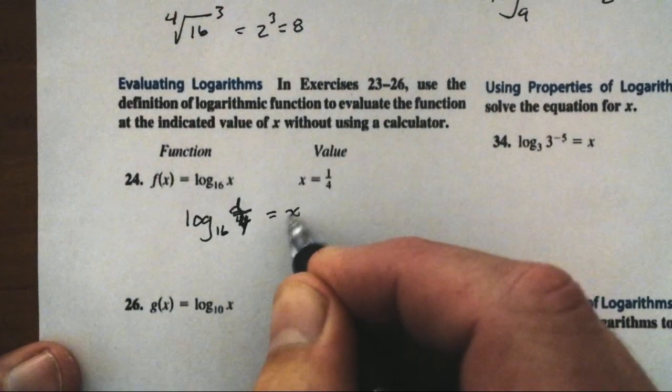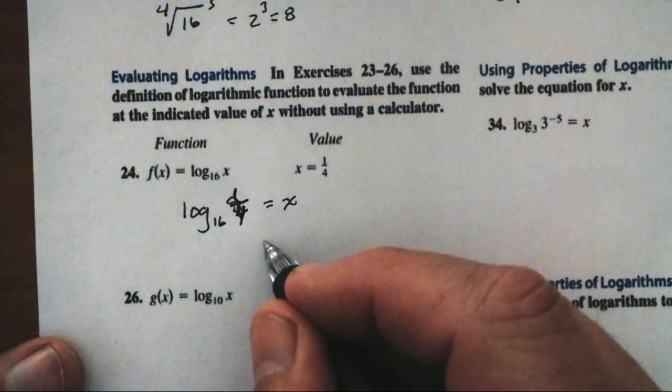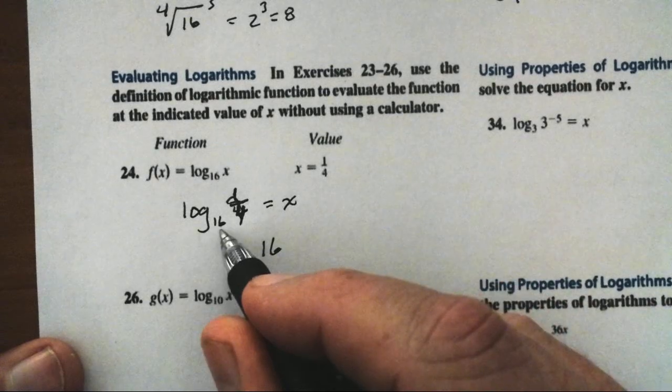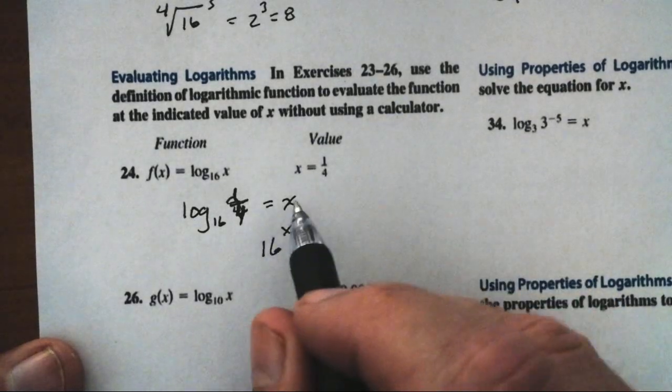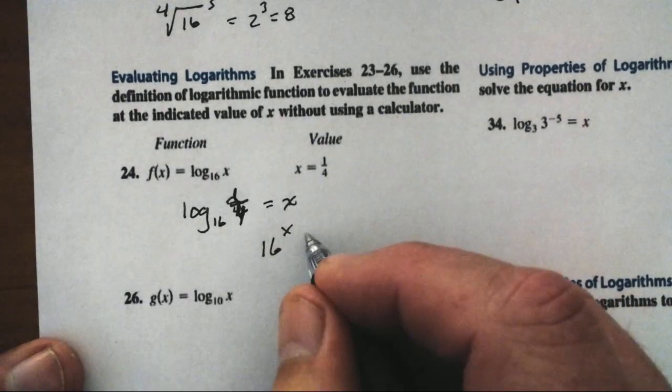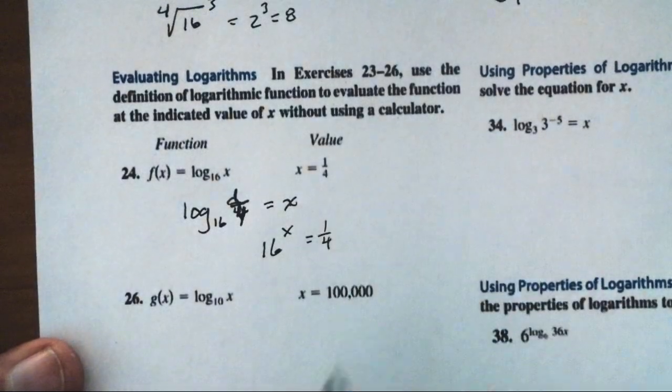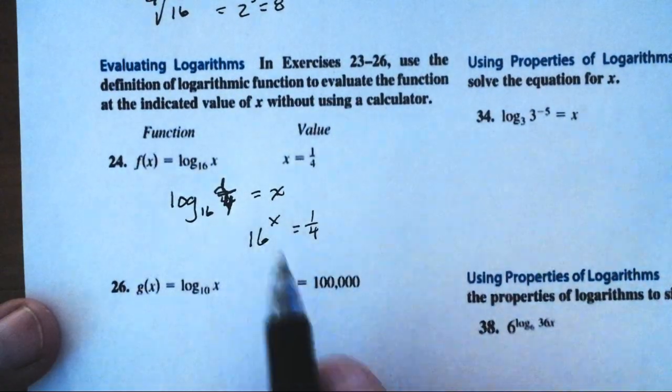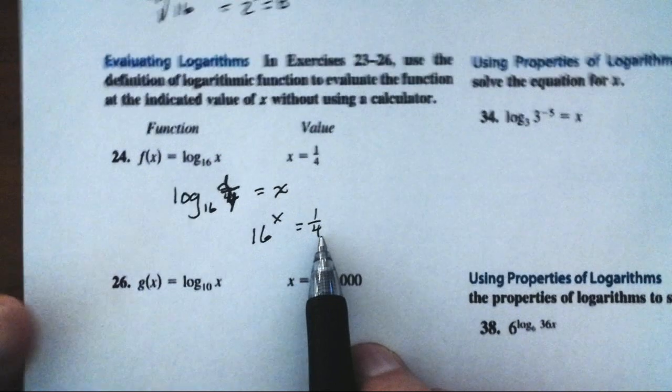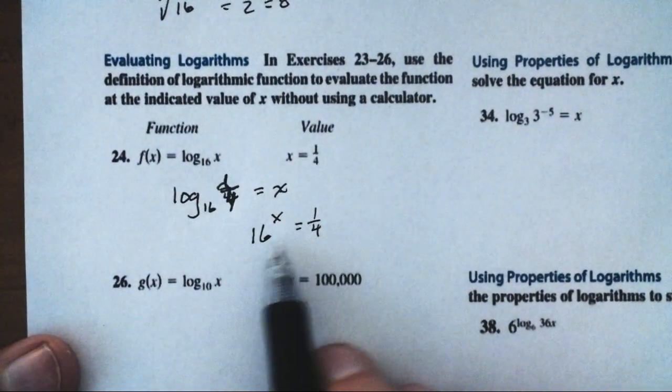Well, if I said this is x, this would mean 16 to the x. So x is the exponent that turns 16 into 1/4. Now, hopefully I recognize 16 and 4 both as base 2 numbers, but they're also base 4.